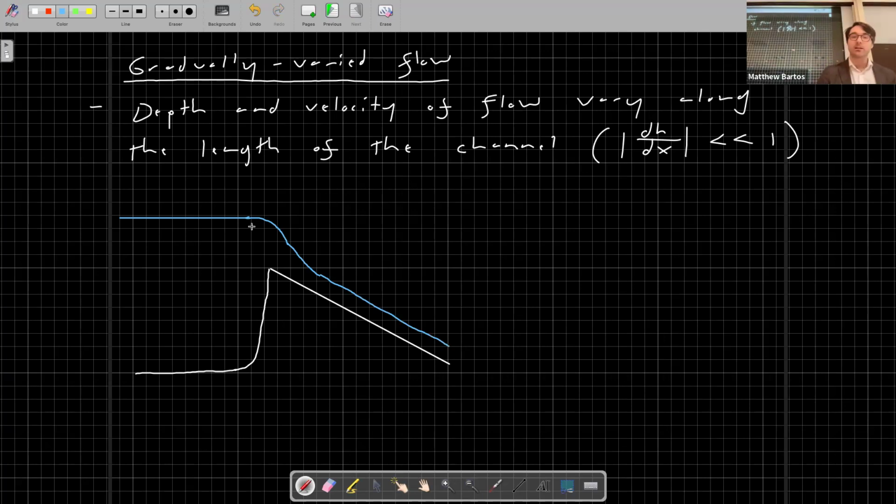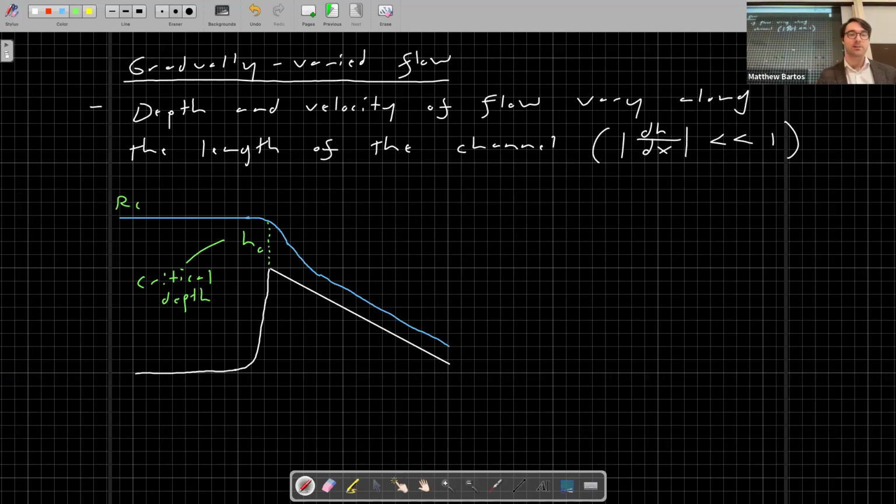So note that as we move downstream, the depth of the water is decreasing. As I mentioned, the depth right at the mouth of the channel will be the critical depth if it's moving from a reservoir into a steep channel. So this is the critical depth.